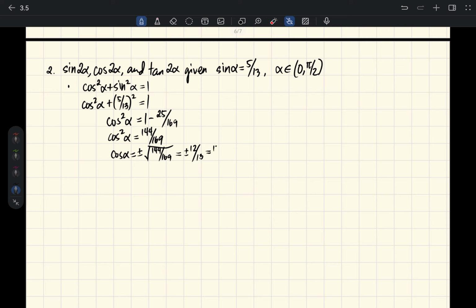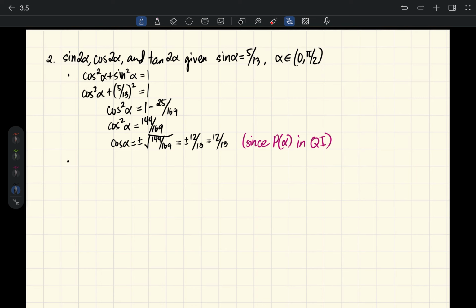So we're taking 12 over 13 since alpha is in quadrant 1. So now that you have your cosine and your sine, we can already find the three values that we are looking for. First is sine of 2 alpha.